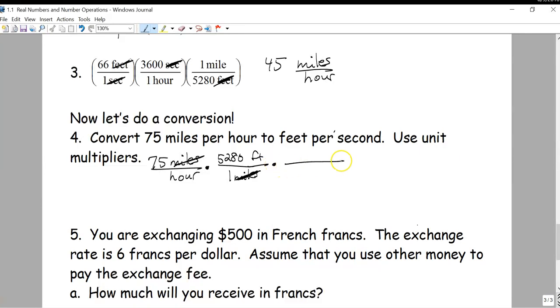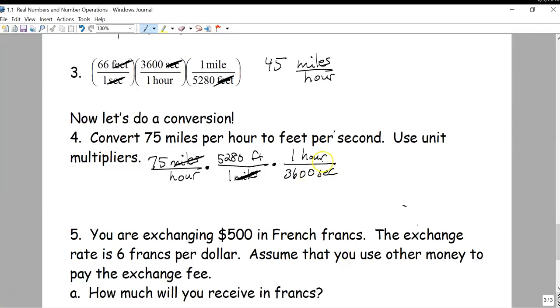So I'm going to multiply it by another unit multiplier, and I know that there are 60 minutes in an hour and 60 seconds in a minute. So there are 3,600 seconds in an hour. So I'm going to say in 1 hour, there are 3,600 seconds.